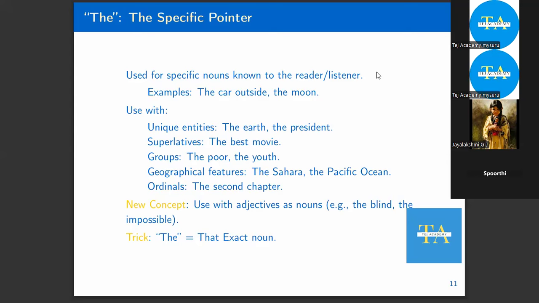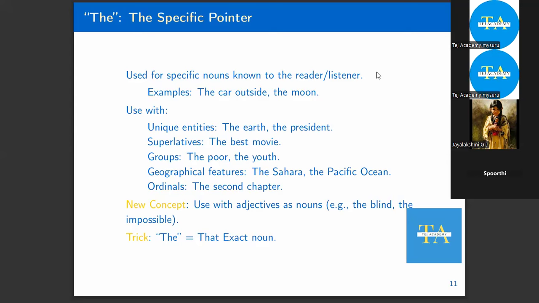So we can say the beautiful, the best, the excellent. It was the excellent remark that I have ever heard. So these kinds of words which we call superlatives get the article the with them. And while mentioning groups, the poor, the youth, the rich, while mentioning some specific groups, we use the in front of it.